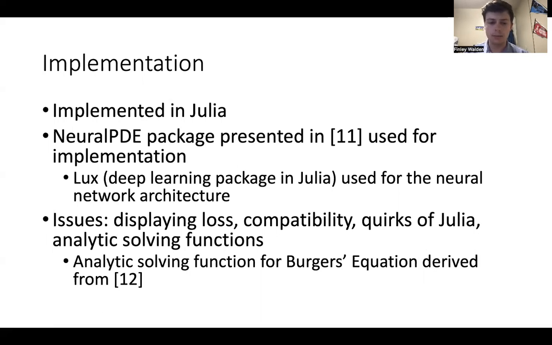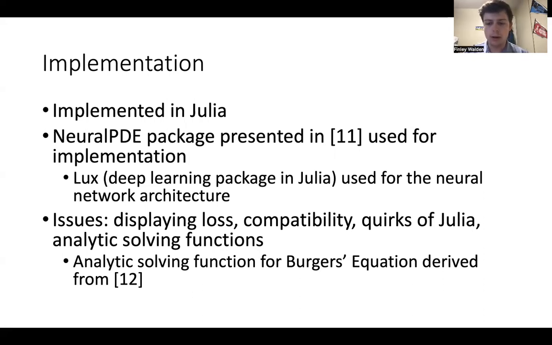It required a great deal of research and nitpicking to make sure that I downloaded and reverted certain versions back to other versions and upgraded and updated certain packages. And some other issues were displaying the loss. It was a little bit hard to find how to derive loss from the actual neural network object that I coded.